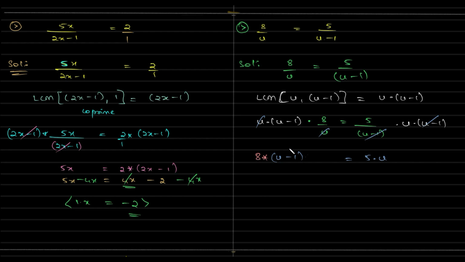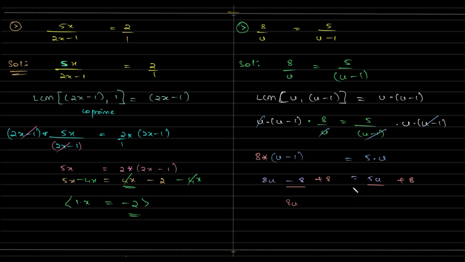Use my method. Okay. Using distributive property, you have 8u minus 8 is equal to 5u. So figure out what you have to eliminate. So we need to eliminate negative 8 and 5u. So how to eliminate negative 8? Positive 8 on both the sides.